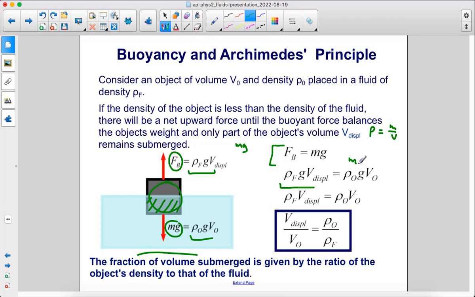This is just mg, the weight of the entire object, right? We could express mass in terms of density times volume of the whole object, not just the submerged portion. Then we see the g's cancel, and we have this ratio here. So we can say that the volume that is displaced here is to the entire volume as the density of the whole object is to the density of the fluid.